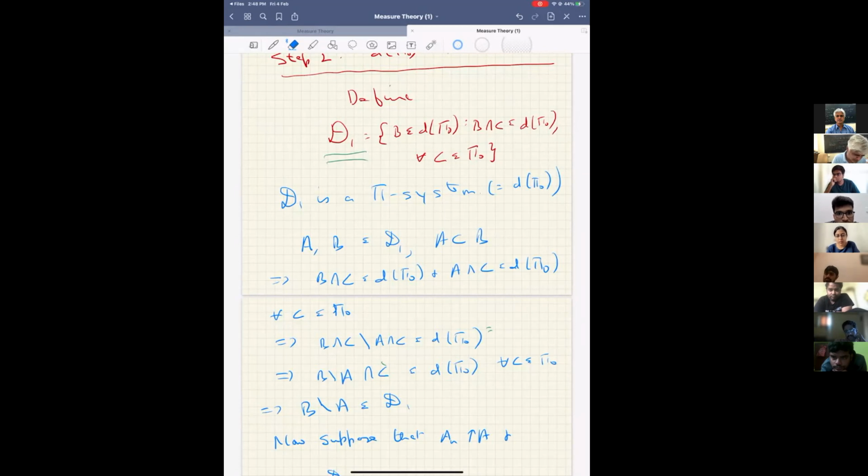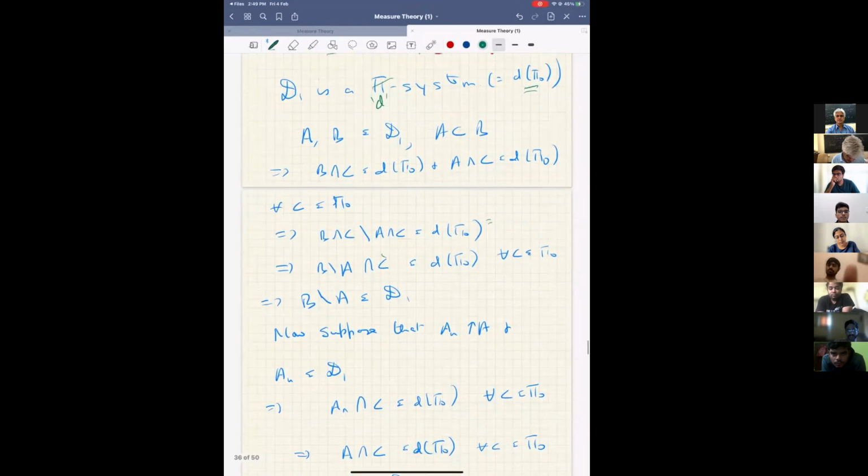Yeah, it's a D system. Sorry, I'm not sure what I was thinking, but this should be a D system. Of course, now I'm correcting in a PDF copy, but it's a D system is what you're going to show. So you'll see, when I share it with you, I'll probably have errors inside it. So it's equal to D of pi 0 is what you want to show, basically. Okay. That's where you want to go.